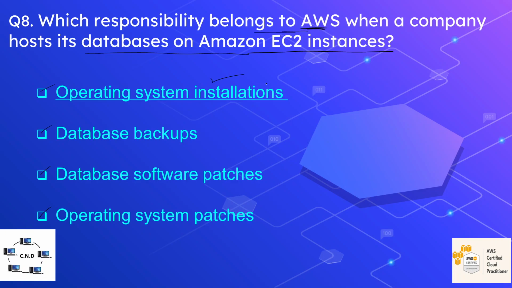Initially the customer gets the EC2 instances which have pre-installed operating systems, but after that the patching, security, as well as the backup and updates of the database, are the customer's responsibility.